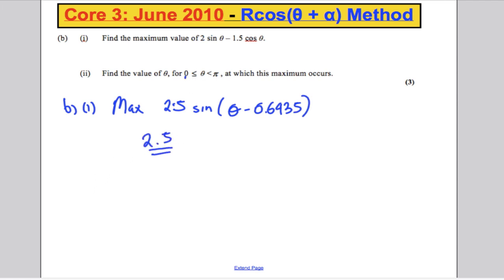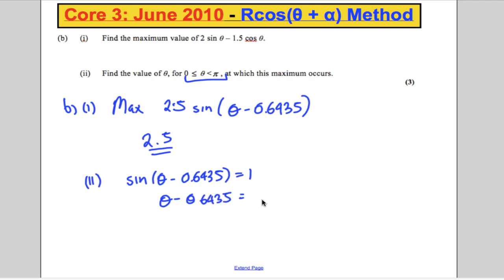Where does it occur between 0 and pi? Well, it occurs where sine(theta subtract 0.6435) is equal to 1. You take the inverse sine of both sides, so theta subtract 0.6435 must be equal to the inverse sine of 1, which is pi by 2.